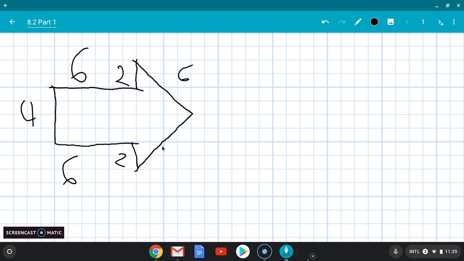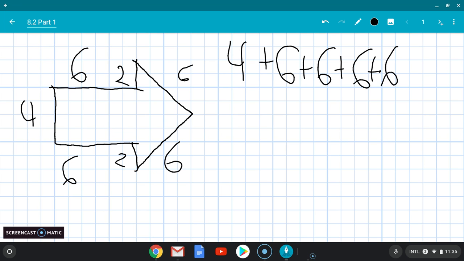And again, this is 4 diagonals. 1, 2, 3, 4. Instead of adding them up, you could just do 4 times 1.5, and you're going to get 6. So the perimeter is just all these sides added up. So we do 4 plus 6 plus 6 plus 6 plus 6 plus 2 plus 2.